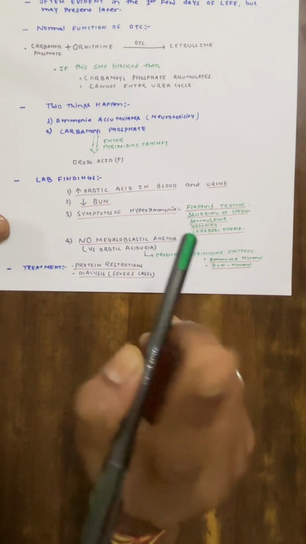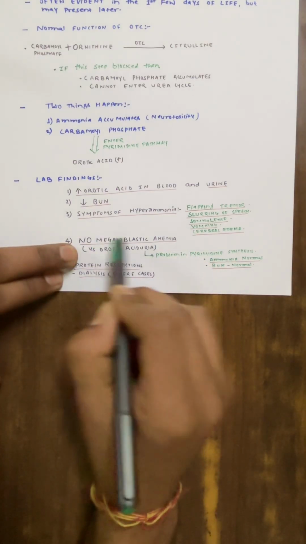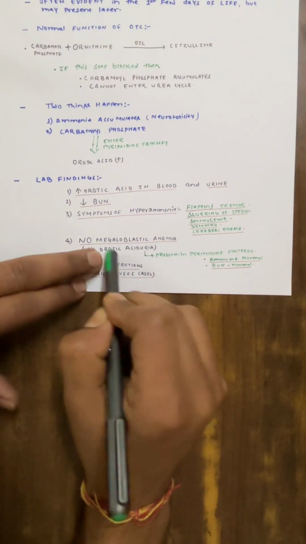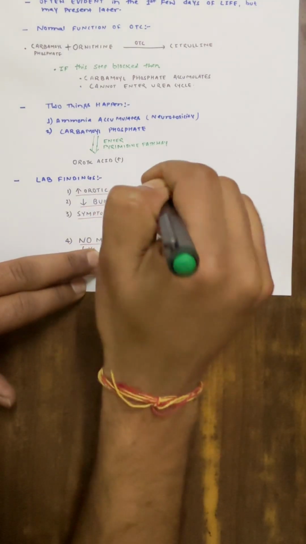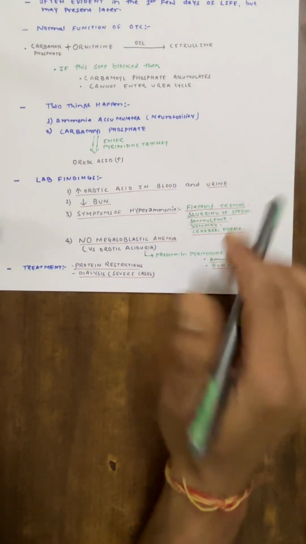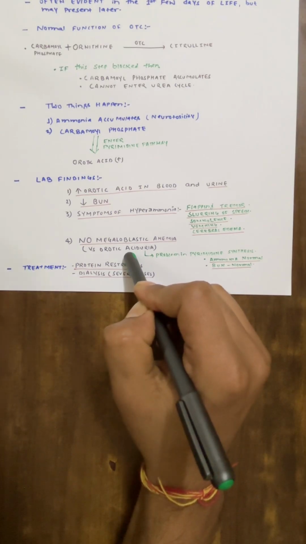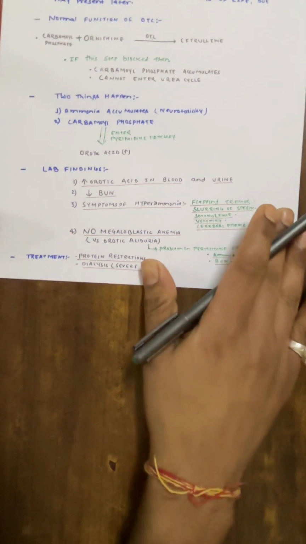One main difference between orotic aciduria and this disease is megaloblastic anemia. Megaloblastic anemia is present in orotic aciduria, but not in this disease. Always remember, sometimes the examiner will confuse you in the options as to whether this is orotic aciduria or ornithine transcarbamylase deficiency.